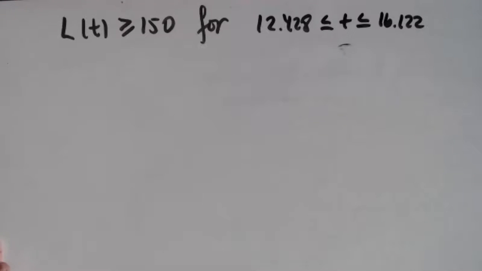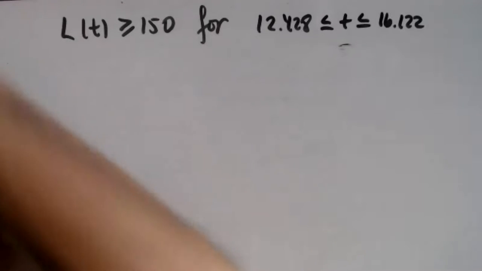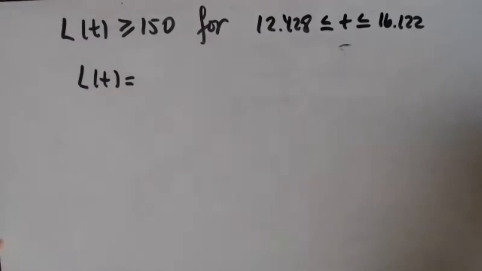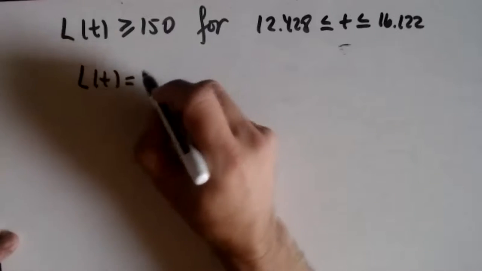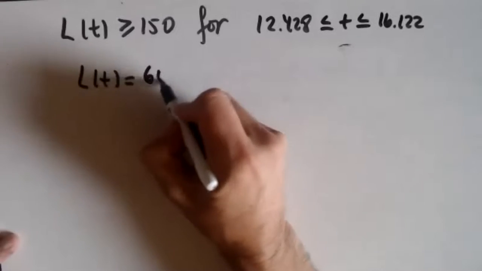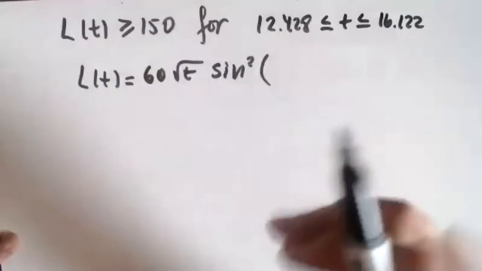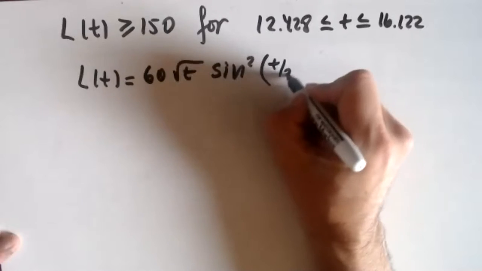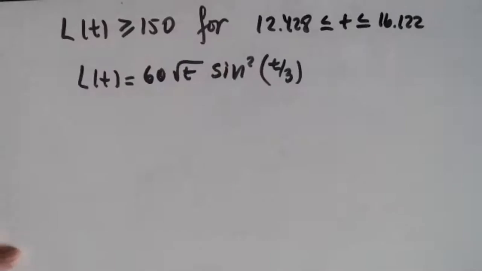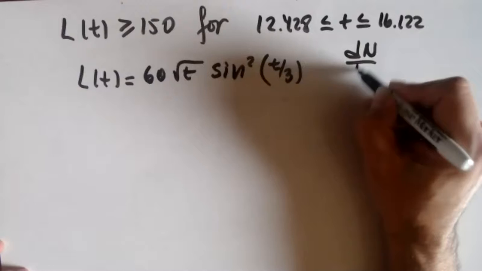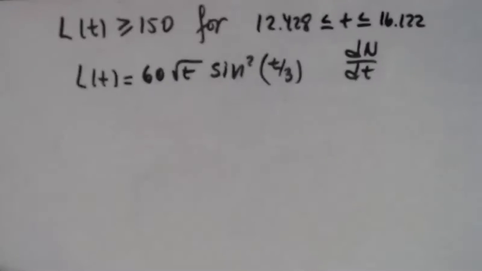Now the integral. Remember, L of t is, in this case, 60 square root of t sine squared of t over 3, correct? So this is the rate of change, so this is the dN/dt, correct?